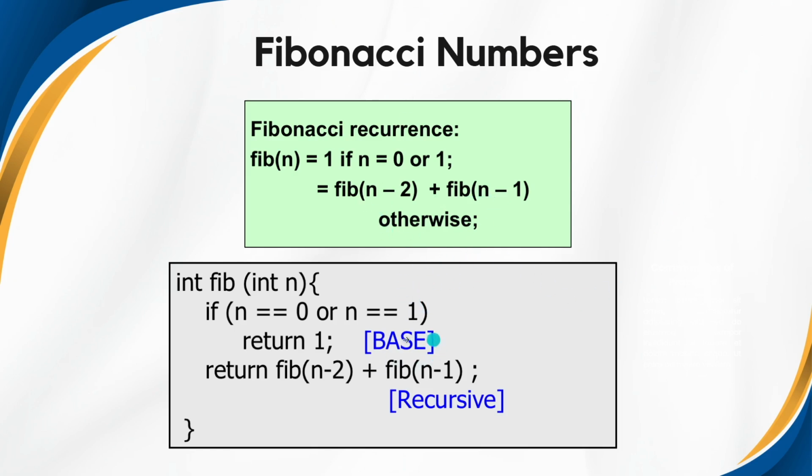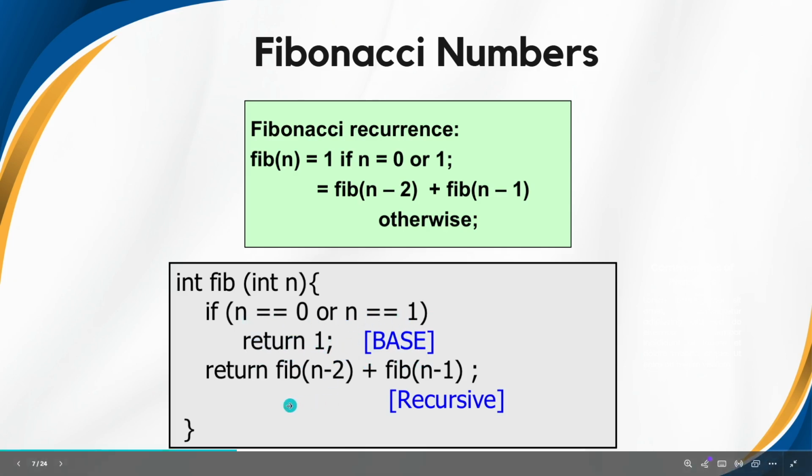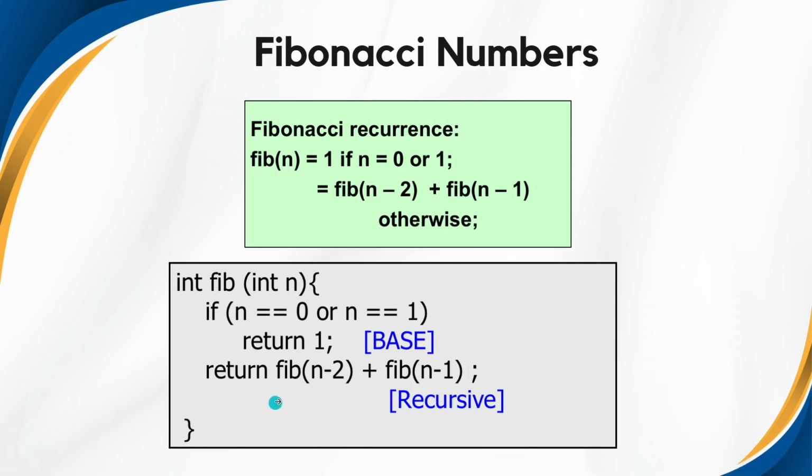As I said before, we should have a stopping criterion or a base, and that is what we have for n equal to 0 or n equal to 1. It is going to return 1, and this is the recursive definition: for all other values of n, fib of n is fib of n minus 2 plus fib of n minus 1. That is what we have shown here.